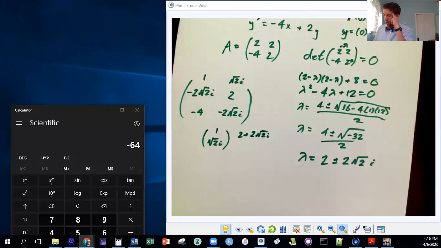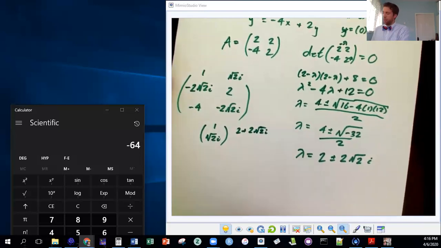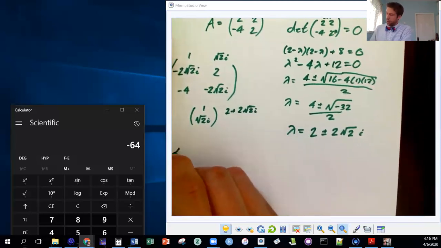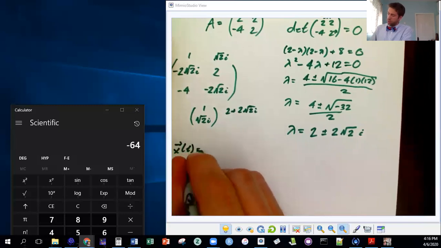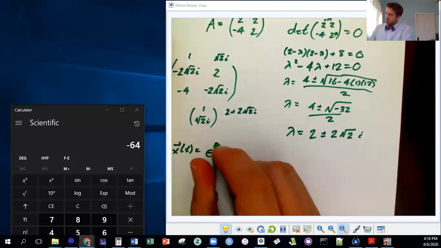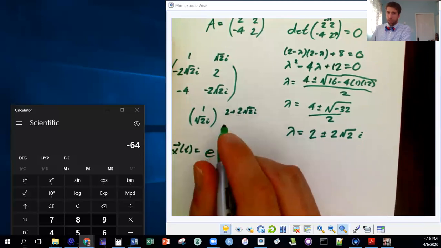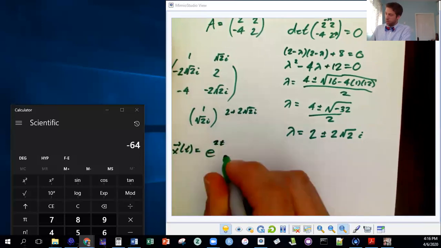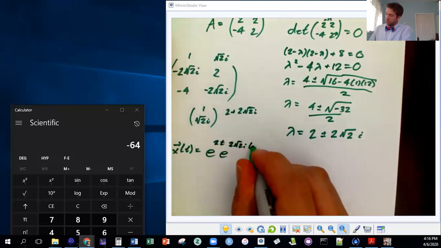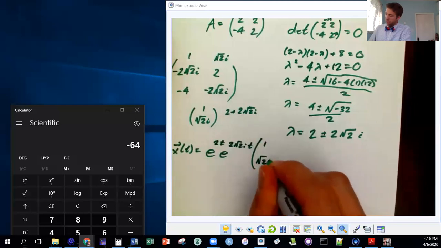So now the complex system is x of t equals e to this eigenvalue times t. I'm going to break it up into two parts: e to the 2t, and then e to the 2 square root of 2 i t, times the vector 1, square root of 2i.